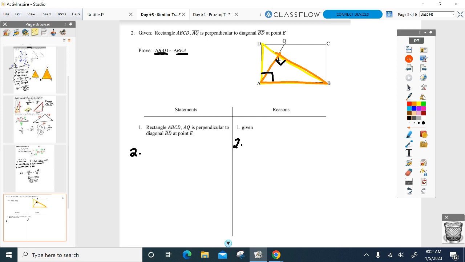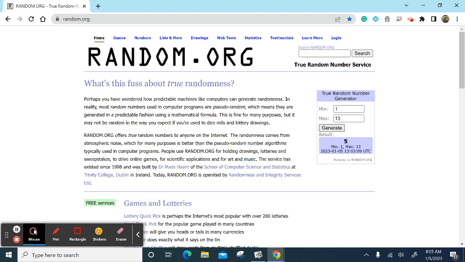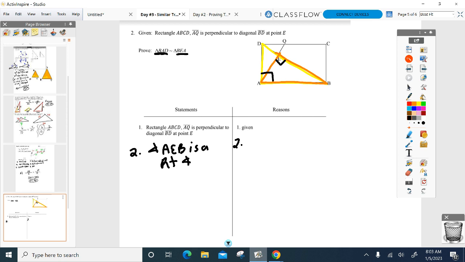So let me first start with the orange triangle I have up here. Angle AEB is a right angle. And that's because why? How do I know that one's a right angle? It's not because it's in a rectangle. Perpendicular lines form right angles.